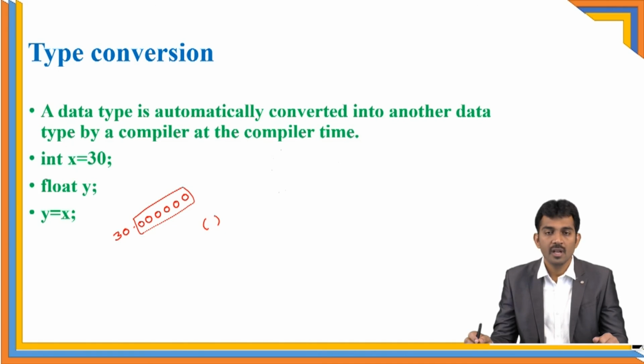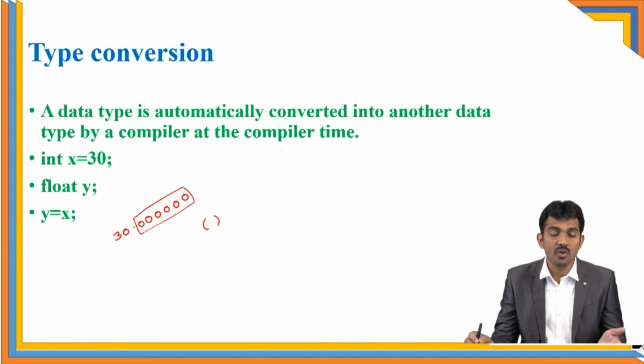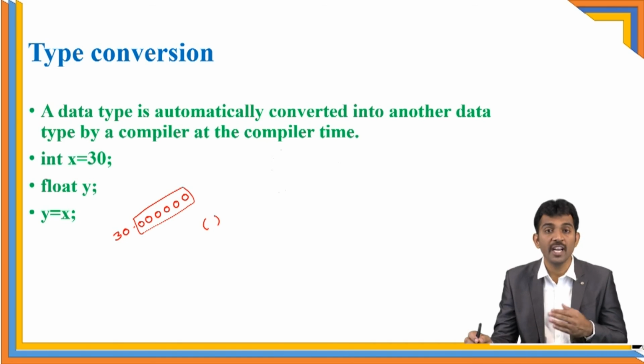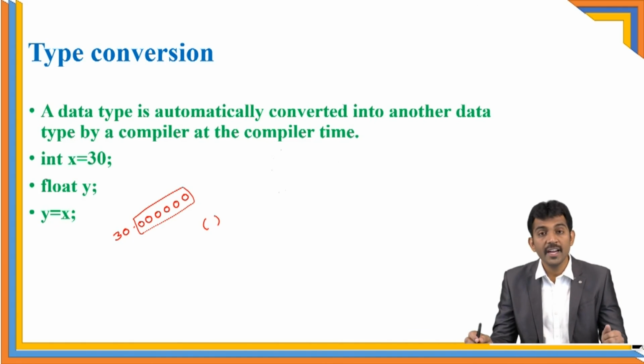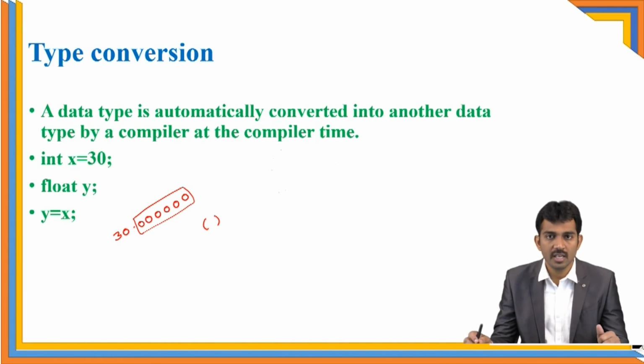Is this clear? So by using these format specifiers, you are going to handle the data, right? As well as you have seen what is typecasting and what is type conversion. Typecasting, if you do it manually, is called typecasting. By default, if the compiler converts into the data type, then it is called type conversion. Is this clear? Okay, thank you very much.